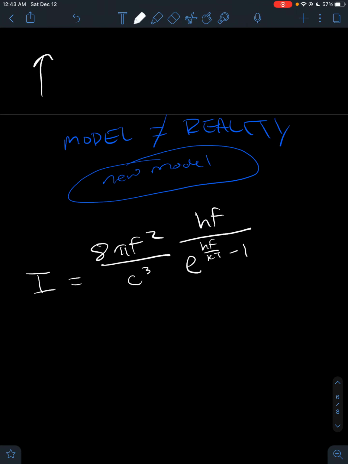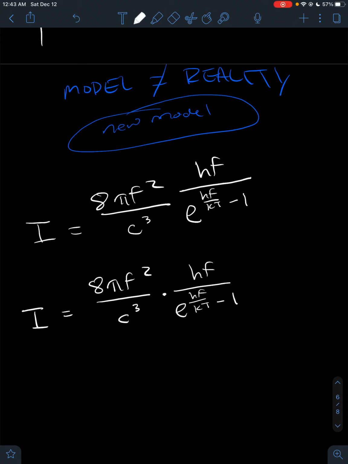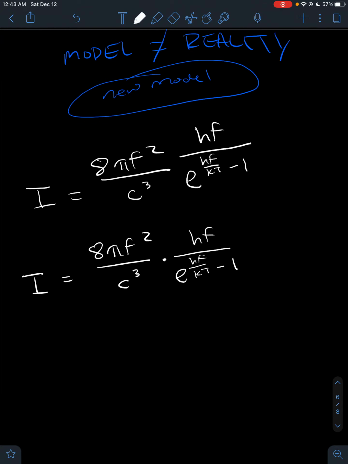I know that's a spoonful, so let's just make this a bit more clean. So if our intensity equals 8 pi f squared over c cubed times hf over e to the hf over kt minus 1. You're probably wondering, first of all, what is this h that we've just introduced here?